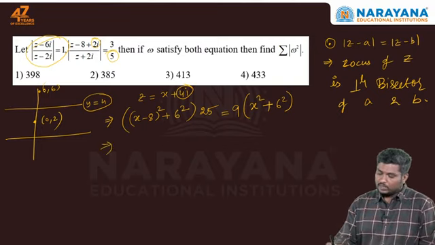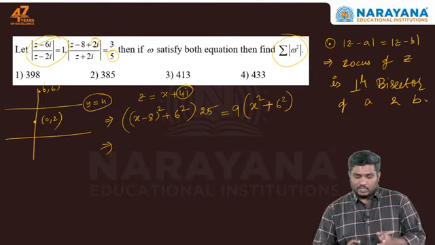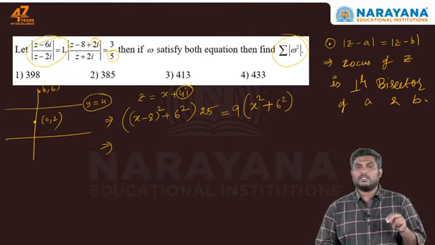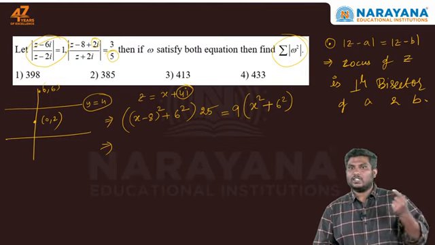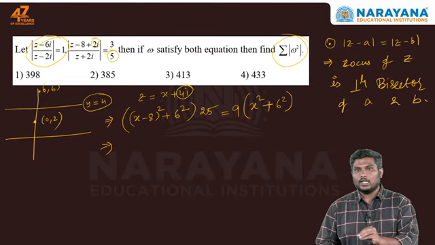And what is he asking us to find? The complex numbers w which satisfy both the equations, which means if you interpret it in geometry, he is asking us to find the intersection points of a line and a circle.